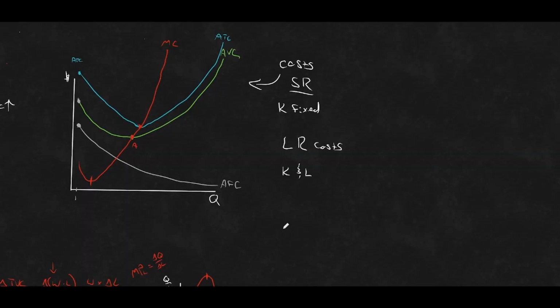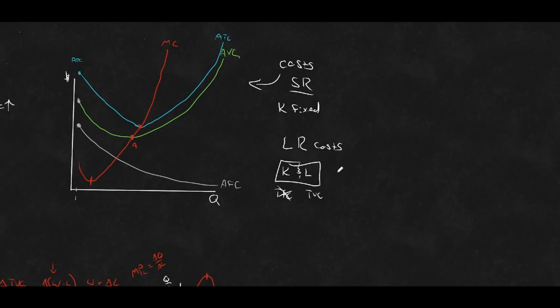A little bit different because we no longer have a differentiation between capital and labor costs, because capital is also varied. So capital is no longer fixed. Capital and labor together being varied are just both variable costs, meaning all we have are our costs.